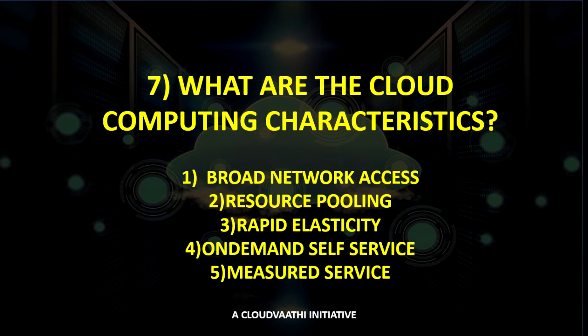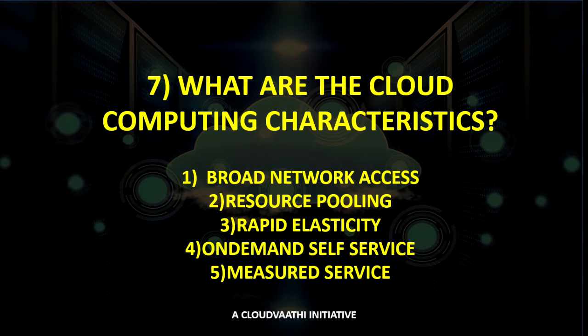Third is rapid elasticity. In rapid elasticity, based on the user traffic, the number of servers can increase or decrease, right? The size of the server can increase or decrease, right? So generally, we equate rapid elasticity to auto scaling.